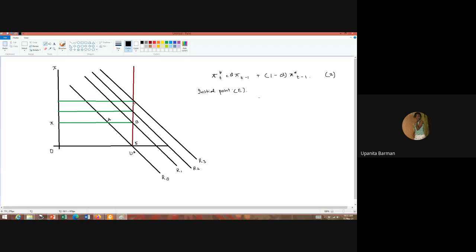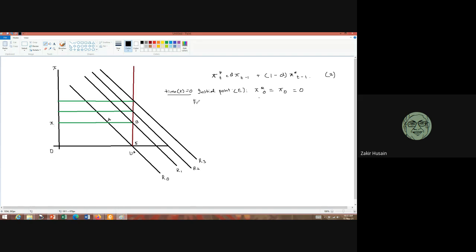I'm not going into the derivation again because I think you have understood this. So what we are starting with over here, the initial period is t equal to 0, and pi star is equal to the actual inflation, which is 0.